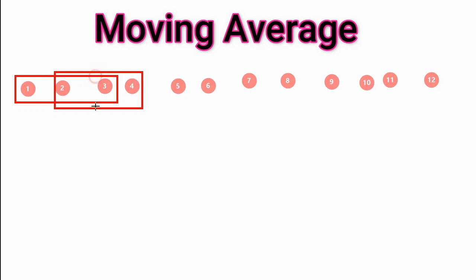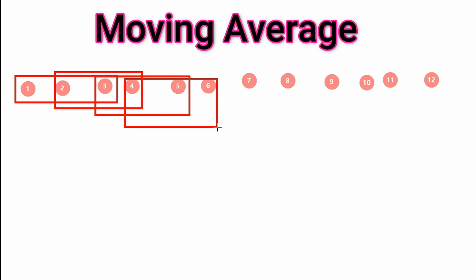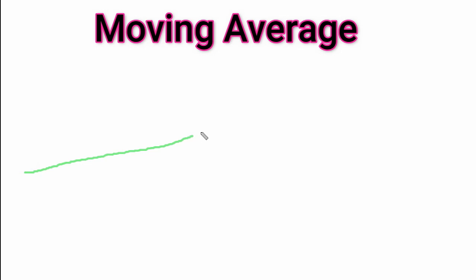And for the third point, it will become like this, and so on. These boxes all represent a single point of a moving average. That's how the moving average is calculated, and the price is like this.